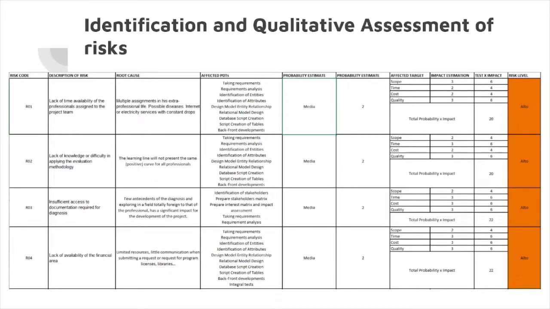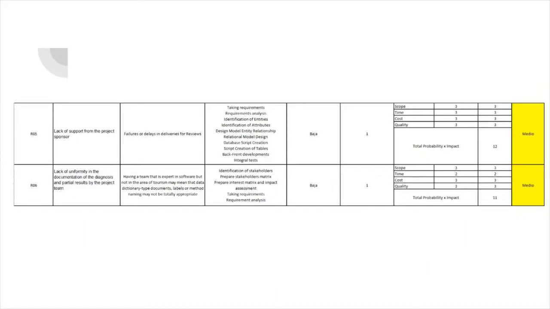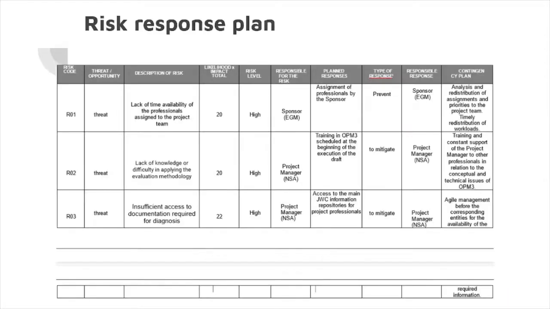We have R01 with risk level high, R02 with risk level high, R03 with risk level high, R04 with risk level high. Next, R05 with risk level medium, and R06 with risk level medium.